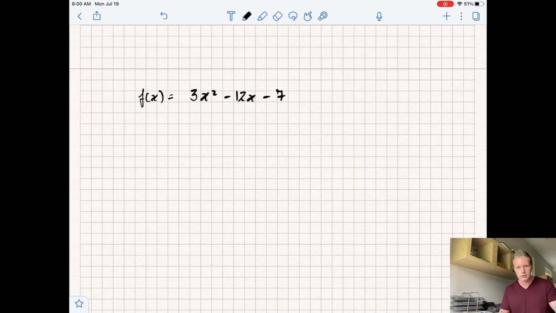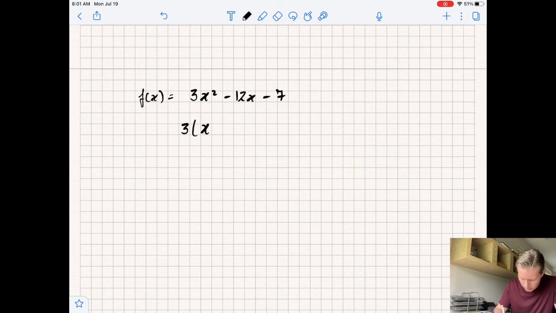So something we have to do before we begin is factor out that 3 out of the first two terms, so that the coefficient of my x squared term is essentially 1. If I factor 3 out of 3x squared, I'm left with x squared.